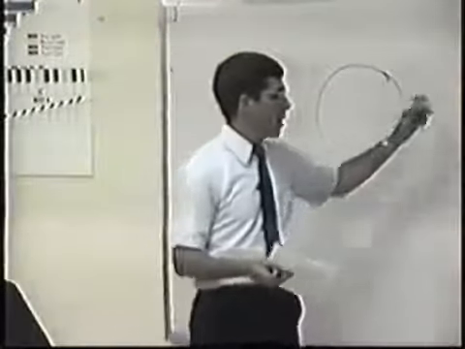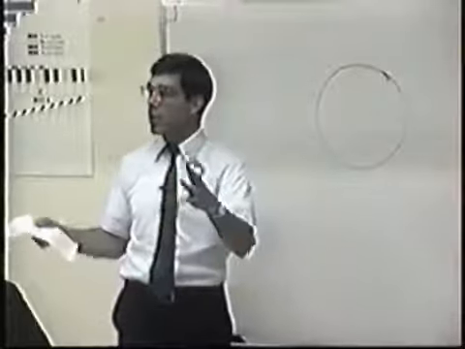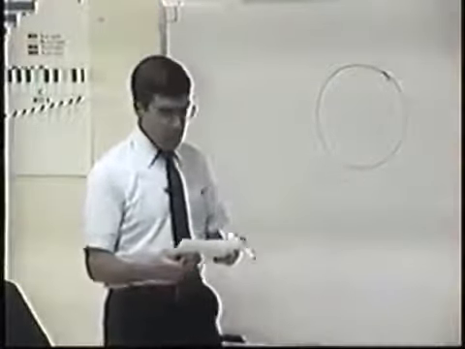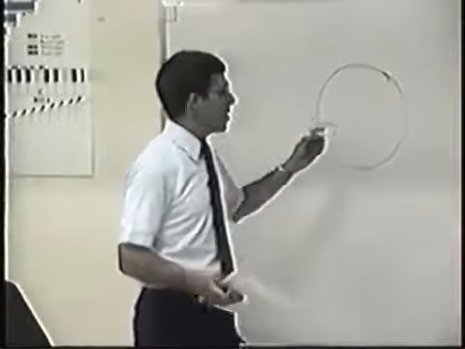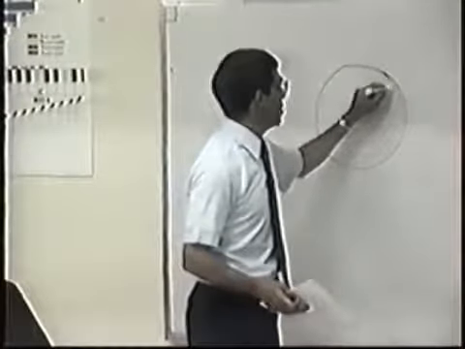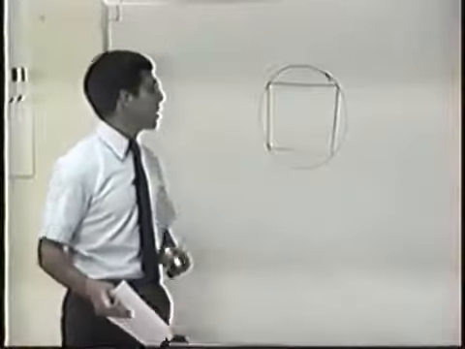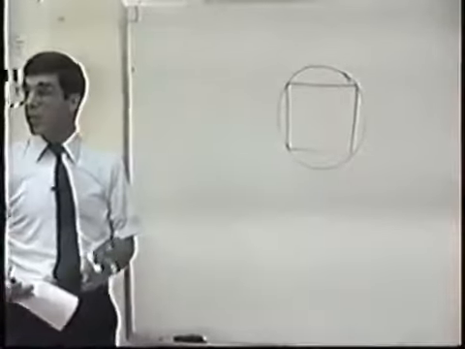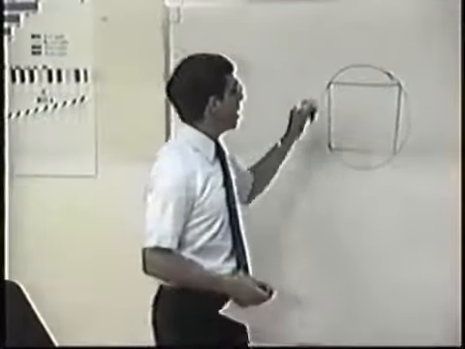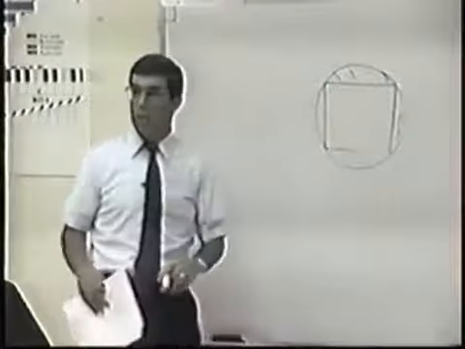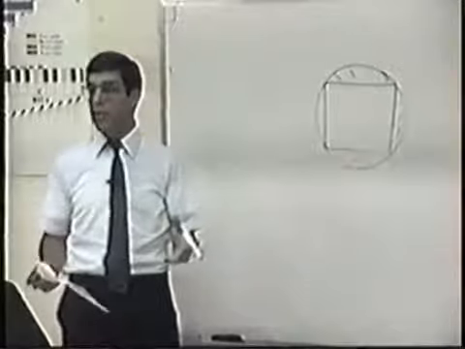A polygon is a figure made up of straight, equal length edges with vertices, angles, and so on. And obviously, your first approximation might be to build a square which comes close to the area of the circle, other than these four chunks here, right? So it's a first approximation.